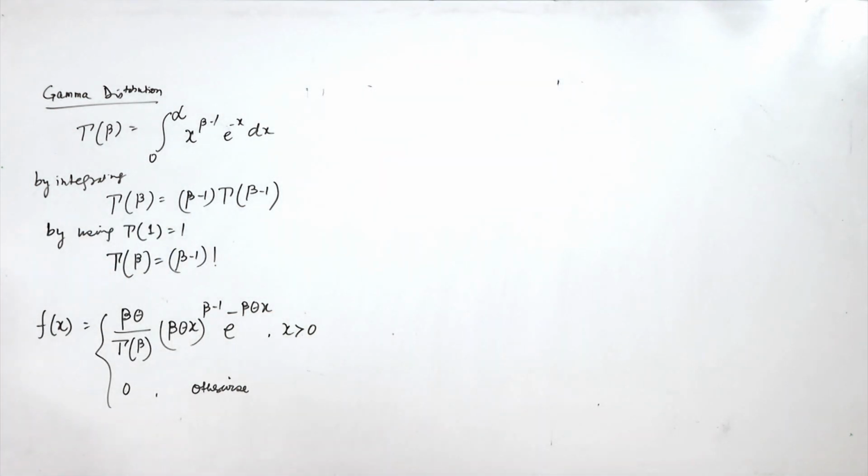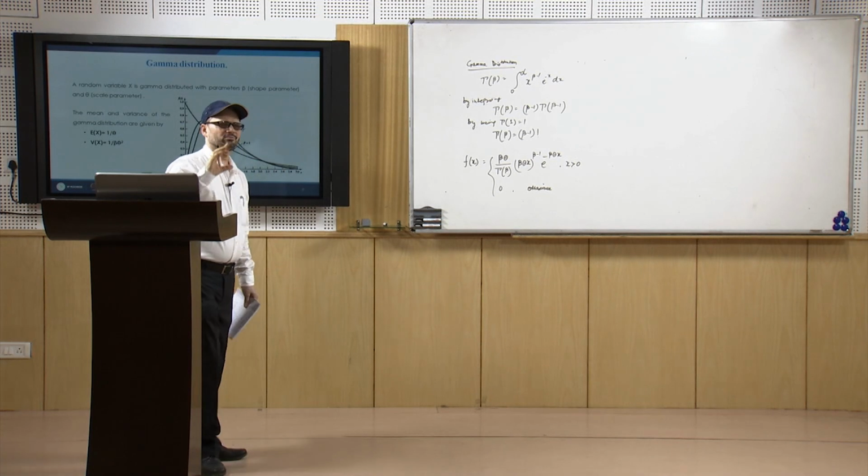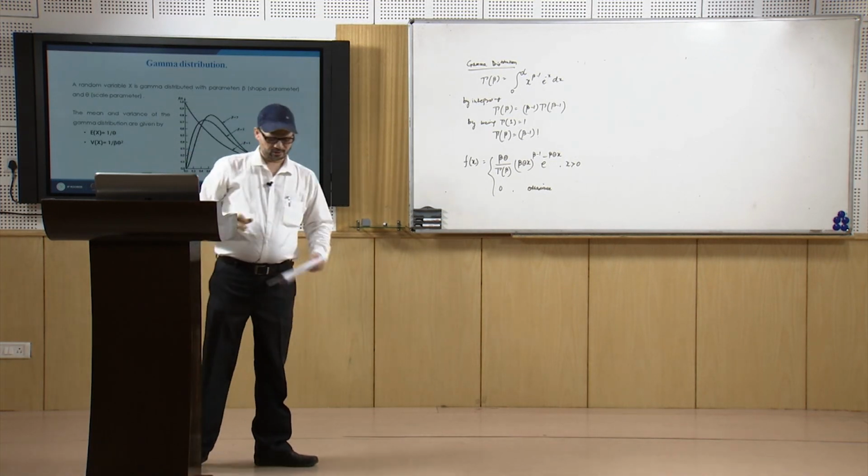So, this is the PDF for a gamma distribution.